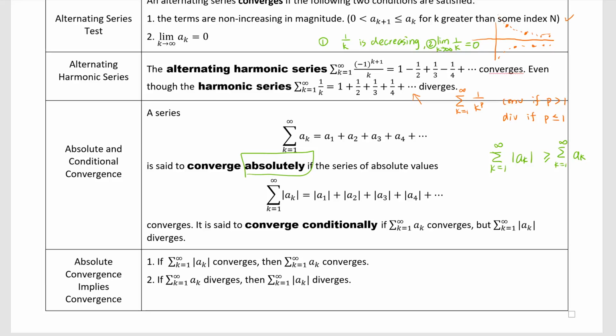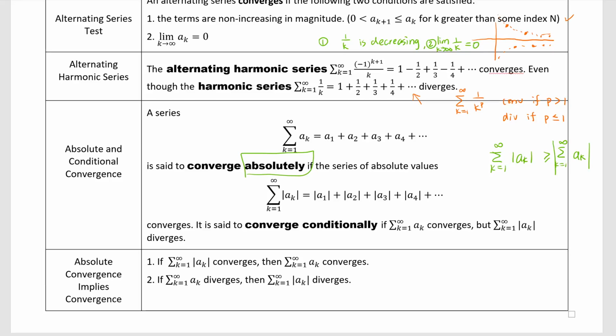Because the absolute values, when you add them all up, are positive. However, in the series, some terms might be positive, some terms might be negative. That's why if we just look at the magnitude, the series of the absolute value of a sub k is actually bigger than the magnitude of the series of a sub k.